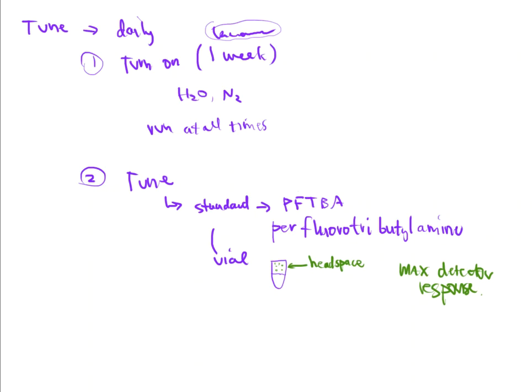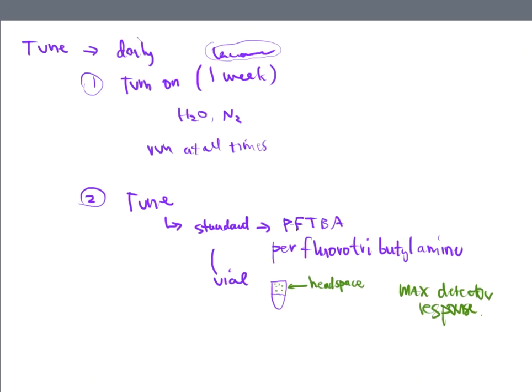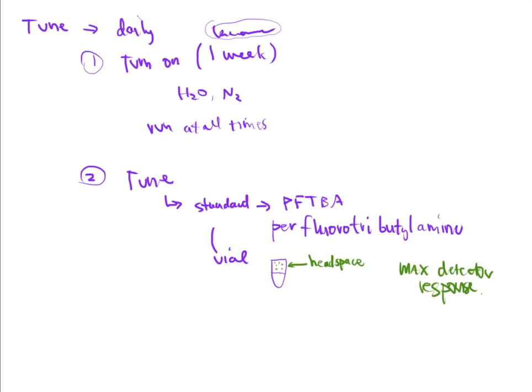So we talked about PFTBA being used as the standard, and we said that our machine will use PFTBA to look at fragmentation patterns. These fragmentation patterns are very important because that's how the machine knows if it's doing its job the proper way.